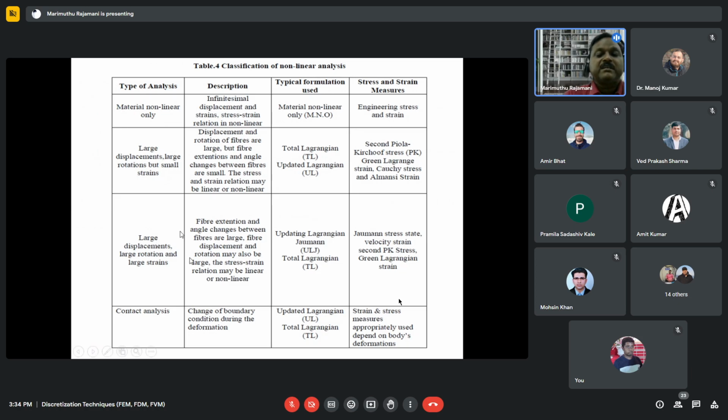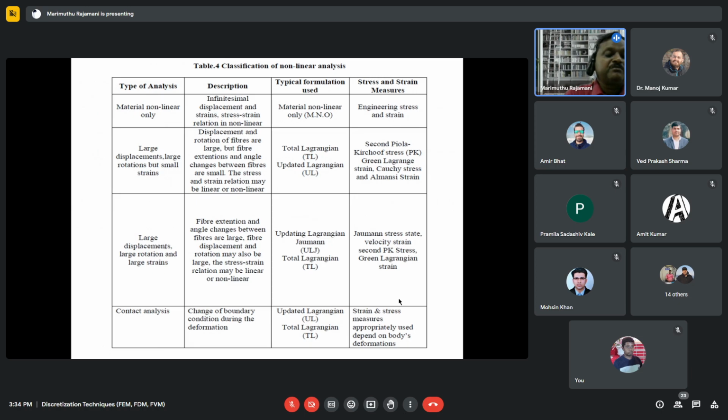I am bringing this slide to give an exposure that such things exist and are being used, and such kinds of deformation also happen in actual scenarios. The purpose of this slide is to make you aware that in reality such things are there and are being used.